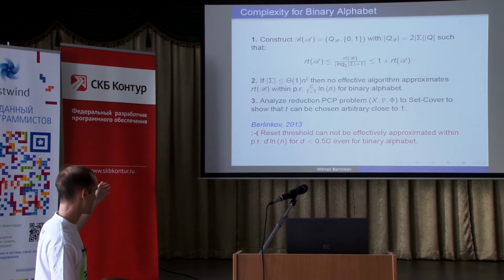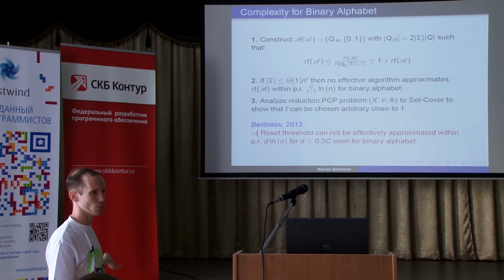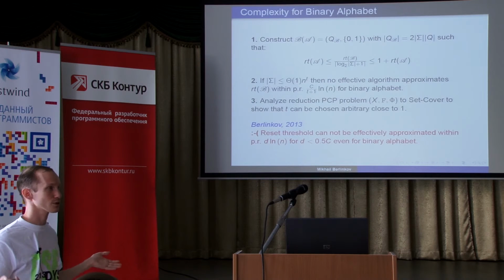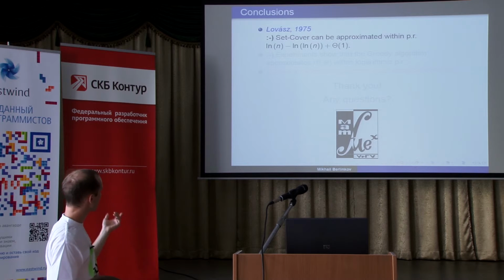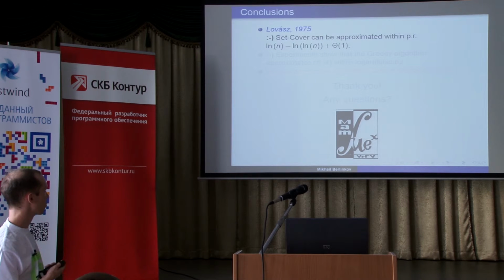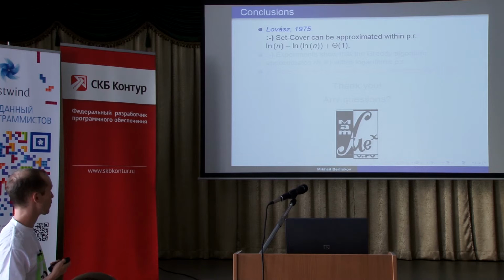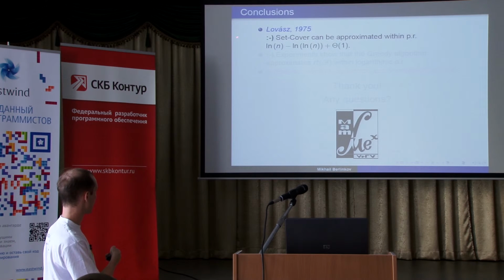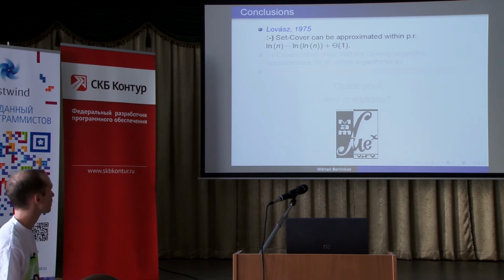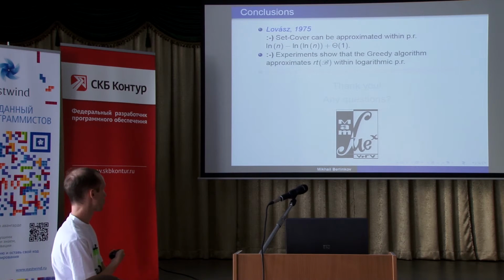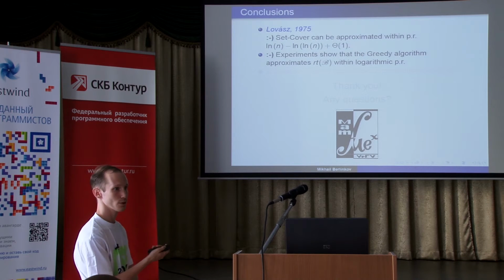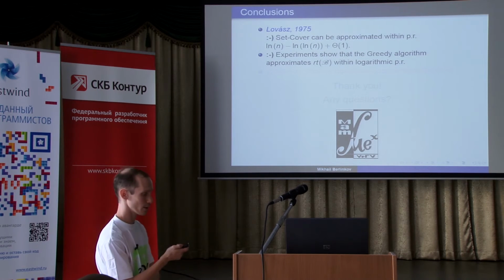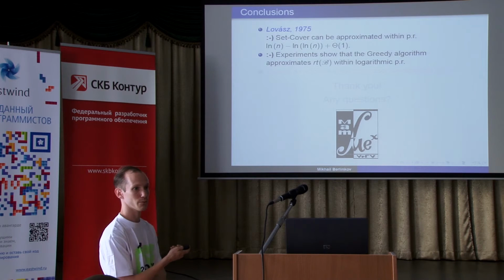Actually, it's clear that this result remains true for any fixed size non-singleton alphabet. So just to conclude, let's note that the set cover problem can be approximated within a logarithmic performance ratio. And actually experiments show that the greedy algorithm also approximates reset thresholds for automata with the binary alphabet within logarithmic performance ratio in the number of states.